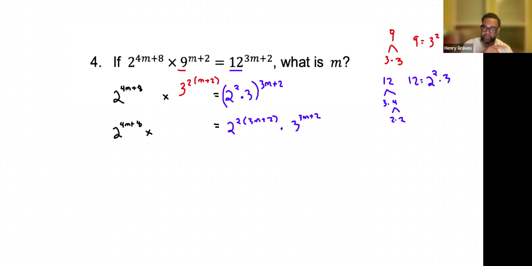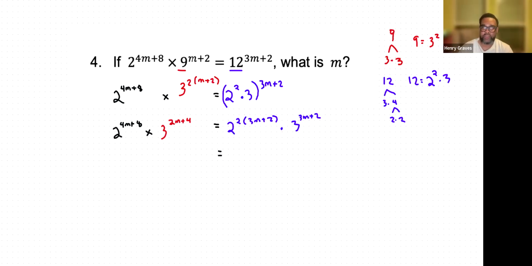I'm going to take the 2 and distribute it times the parentheses. I'm going to have 3 to the 2m plus 4. So now you notice we're almost done actually. On the right side, I still have to finish off my work here. Remember, we cannot get lazy here because if we do, we're going to make some really silly mistakes.